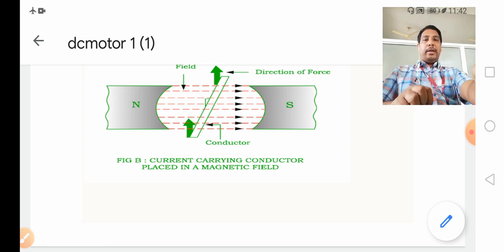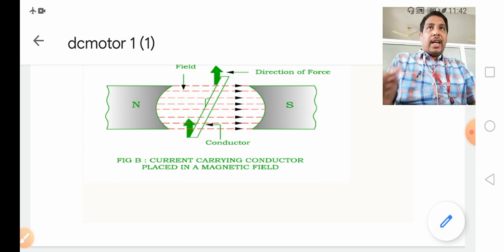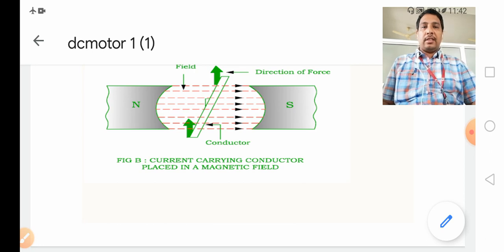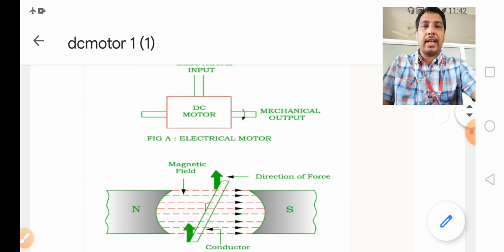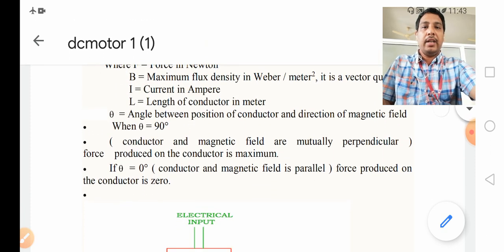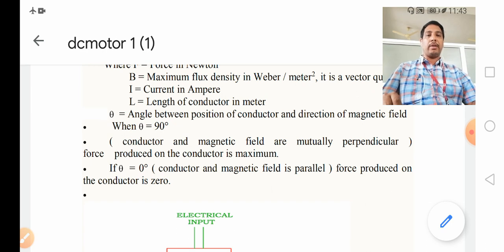In between, we are placing a conductor, which rotates with the angular position of the rotor with respect to the magnetic field direction. Theta is the angle between the position of the conductor and the direction of the magnetic field.